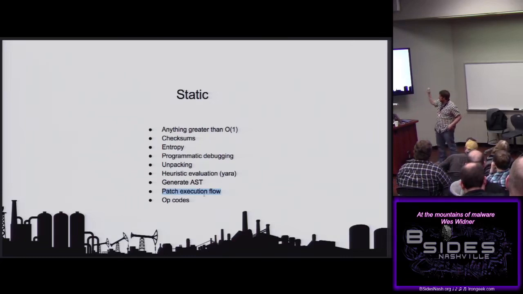So using a combination of programmatic debugging and generating an abstract syntax tree, and this whole part right here is actually where entire companies have been built. But patching the malware so that it'll run to completion, a good way to defeat most malware pipelines is to execute, pause and wait for 30 minutes or so, and then begin your execution.